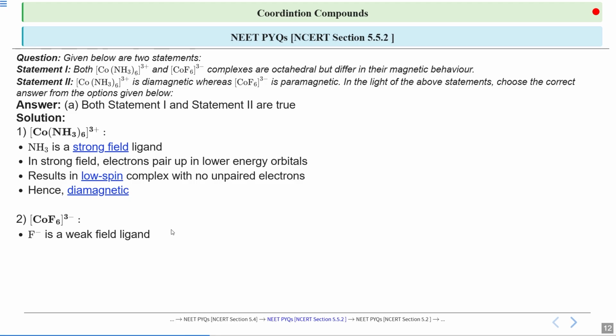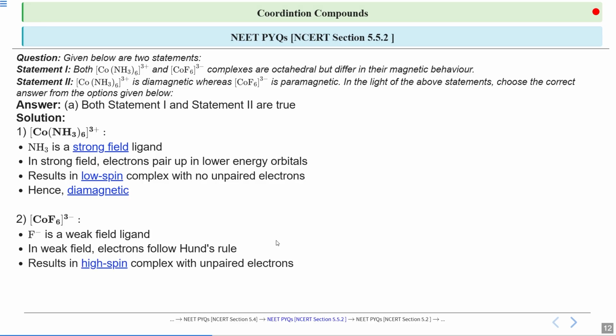So fluoride is a weak field ligand, and in the weak field the electrons will follow Hund's rule. That means the pairing will start only when all the orbitals get filled up with one electron. So it will result in a high spin complex with unpaired electrons. And why?